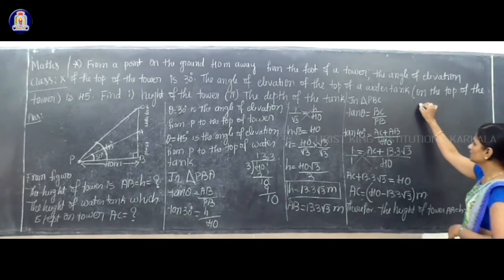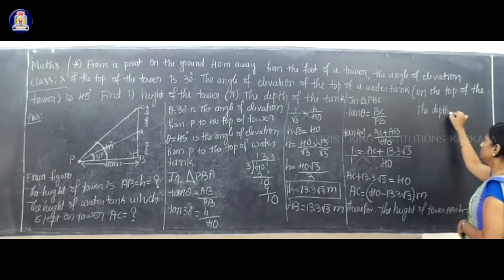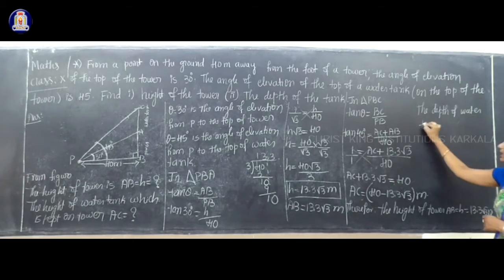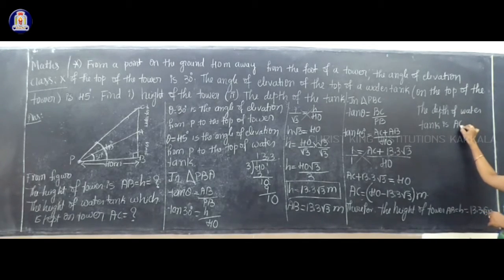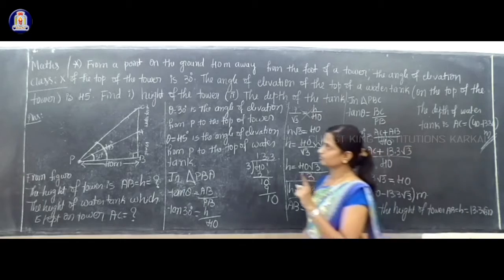And one more question, the depth of the water tank AC is 40 minus 13.3 root 3 meter. So the first question, this is the answer for the second question.